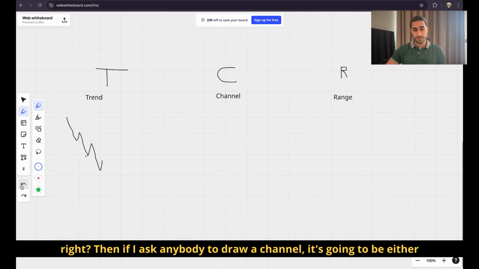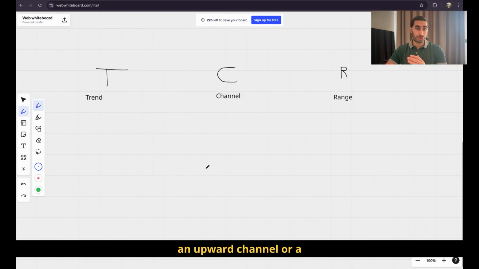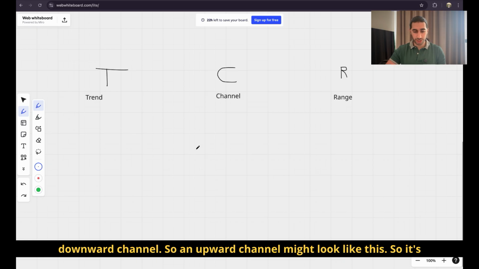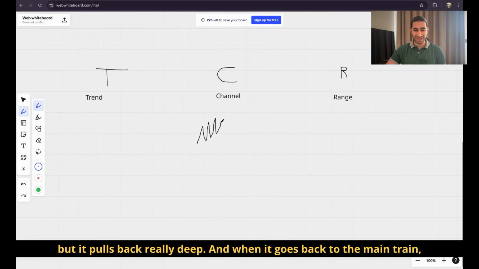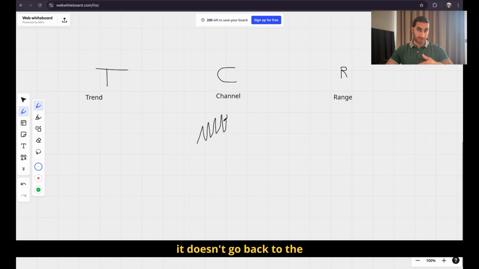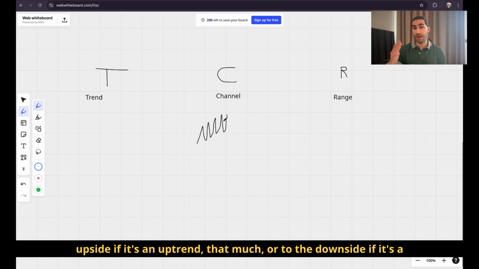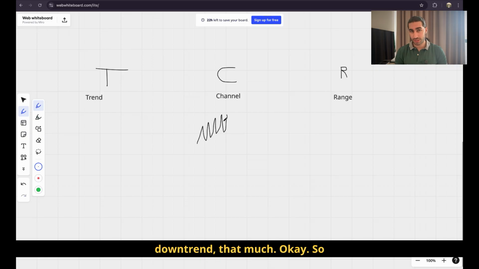Then, if I ask anybody to draw a channel, it's going to be either an upward channel or a downward channel. So an upward channel might look like this. It's kind of an uptrend, but it pulls back really deep, and when it goes back to the main trend, it doesn't go back to the upside if it's an uptrend that much, or to the downside if it's a downtrend that much.